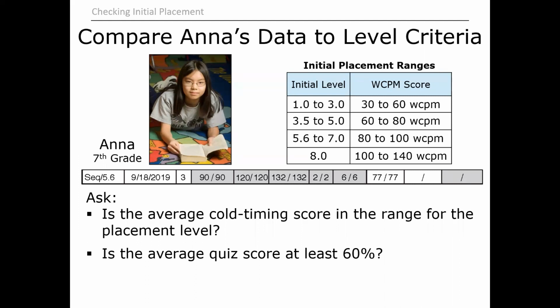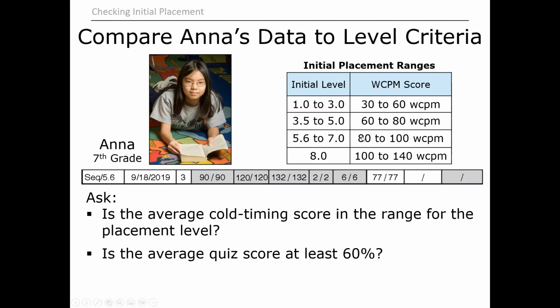So the first question is: is the average cold timing score for Anna in the range for her placement level? You need two pieces of information. You need to know what level Anna's working in, and you need to know what her average cold timing score is. So her level is right here. She's in level 5.6. Her cold timing score is 90.